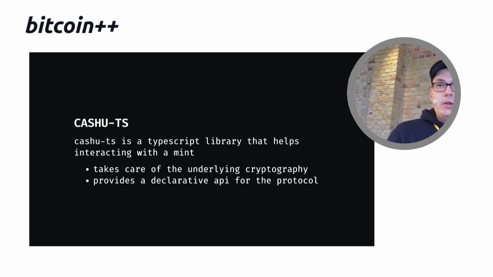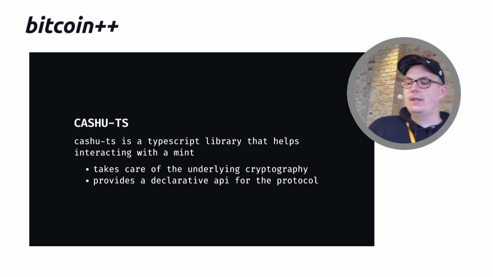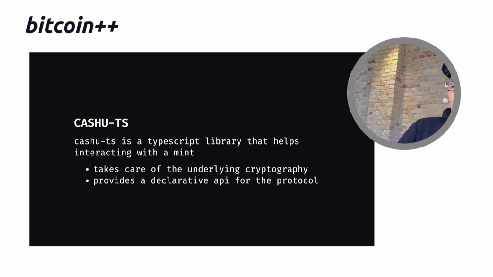Something that I would just want to mention, it definitely makes sense to understand the cryptography that's underneath everything. And it makes sense to understand how the protocol works on a deeper level to maybe solve problems more easily. So if you want to do that, as I said, I'm not going to cover this today. We have an hour, and there's only so much you can cover in an hour. But if you want to learn more about Cashu, there's the NUTs, which is basically all the specifications of the protocol.